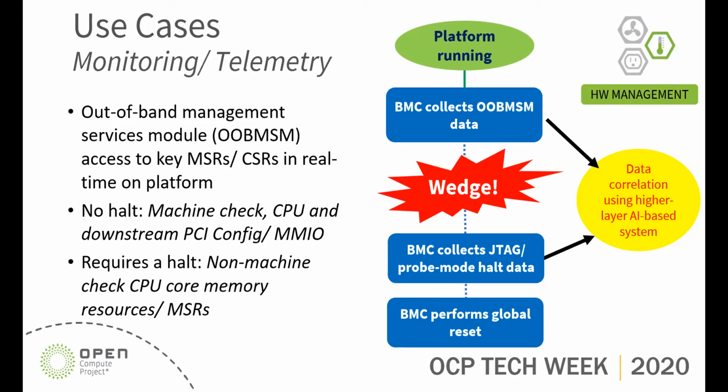You can be collecting data on the real-time performance of the system in the background continuously with no performance impact to the platform, right? And then say there's a wedge. Then the BMC fires up the JTAG probe mode or run control API, halts the platform, collects the data. That's upstream to the data correlation system, and you just have more breadcrumbs usable to identify root cause.